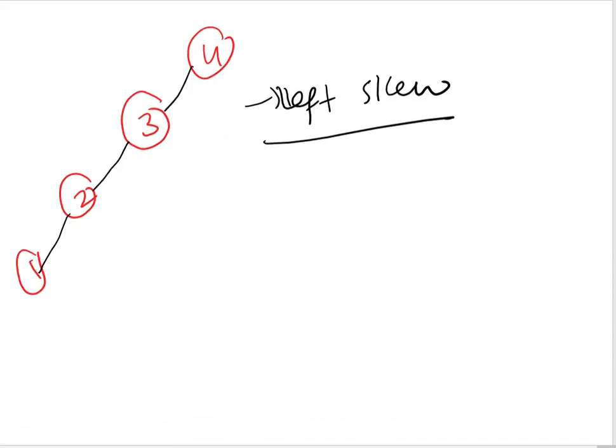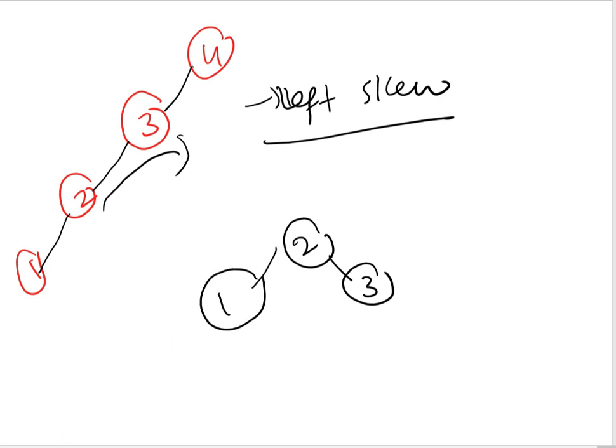Now what I will do is change this one to right, 2 to 3 right, and this will be left like this, and this will change to left. Is it possible? First I have done right, 2 and 3.